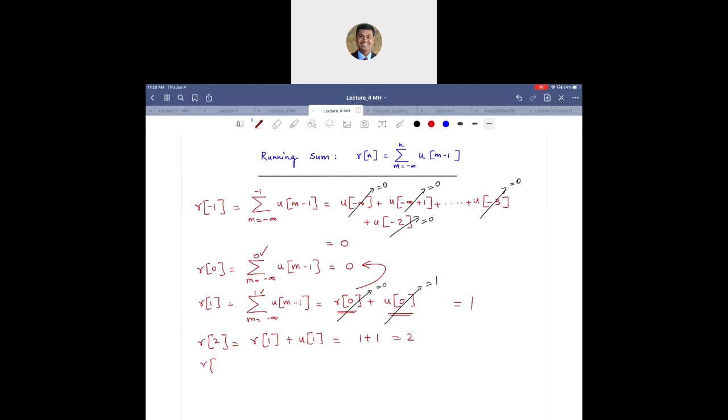And then I hope you see that r of n is exactly what we have for the ramp sequence. It is 0 for time less than 0. It is going to be 1, 2, 3, and so on for times n equals 0, 1, 2, 3, and so on. So that's exactly what you have for r of n. So this is a quick proof that you can represent r of n as an accumulation of unit step sequence from -infinity to some stopping value n, and that becomes your r of n.